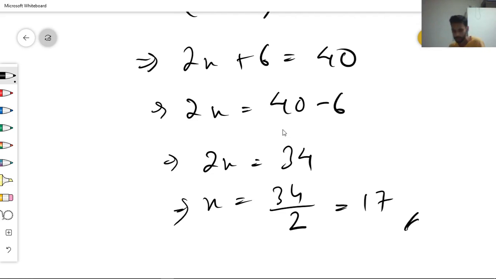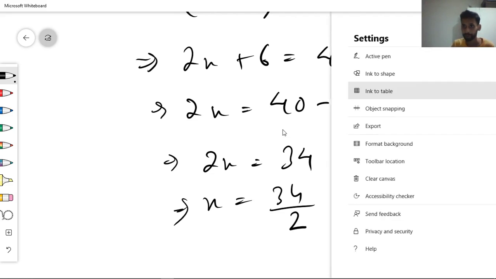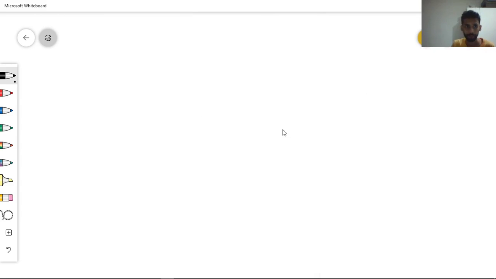Now question number 14. Rope is used to fence the rectangular enclosure shown in the figure. Find the x.